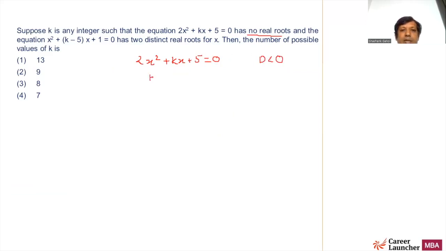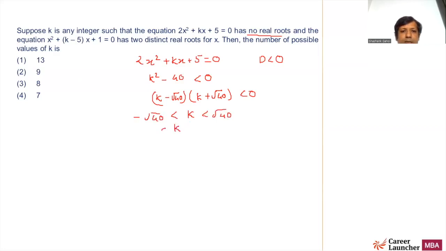So it means k square minus 4 into 2 into 5. So this comes out to be 40 and that should be less than 0. Now I can say k minus root 40 into k plus root 40 is less than 0. So from here I can say k is going to lie between minus root 40 and plus root 40.